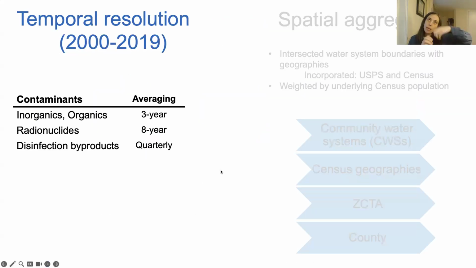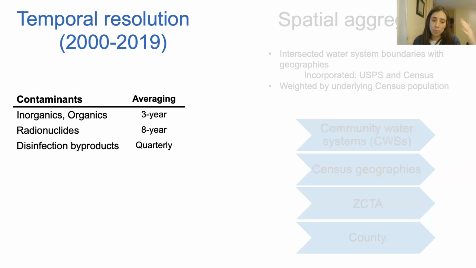EPA requires water systems to conduct this routine compliance monitoring at different temporal scales or averaging periods, depending on the contaminant itself. For example, for disinfection byproducts, something like trihalomethanes, systems are typically required to report at least once per quarter or once per season. So we have those estimates aggregated to quarters and seasons. And for something like uranium, which is a radionuclide, EPA only requires at minimum one sample every 8 years.